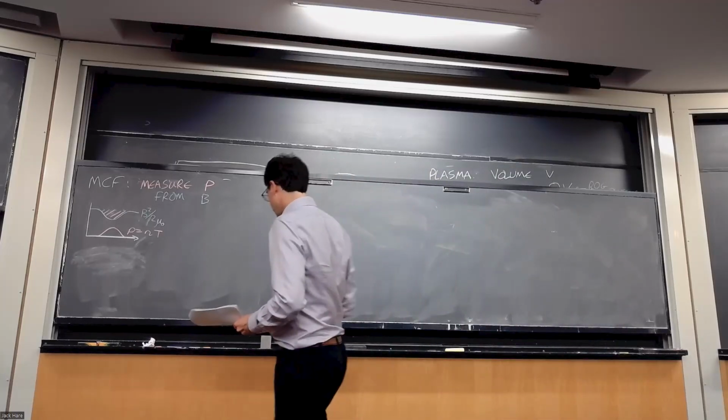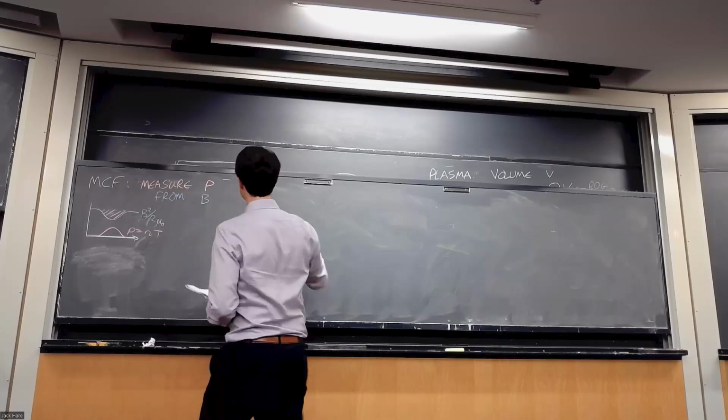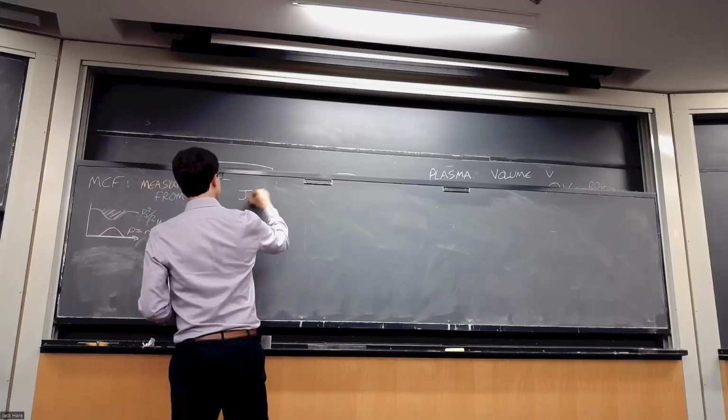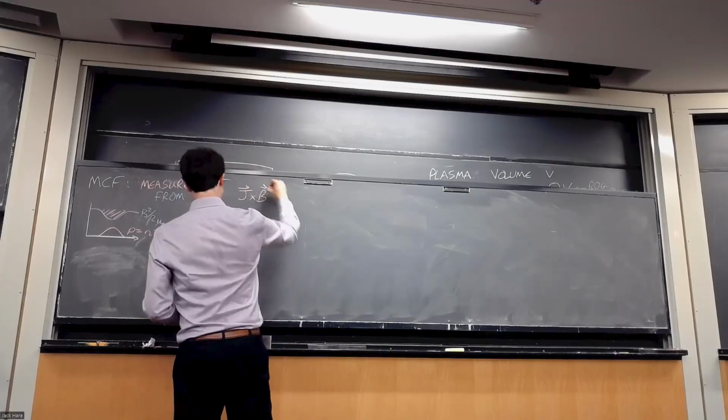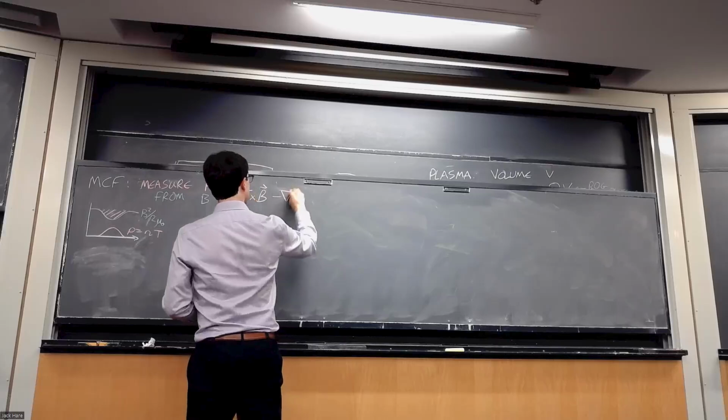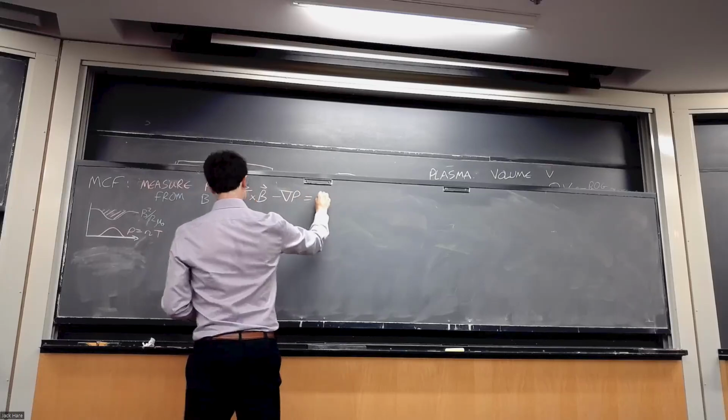Okay, so we'll start by looking at this in terms of a force balance. Our steady state MHD equation is J cross B minus the gradient of pressure equals 0.